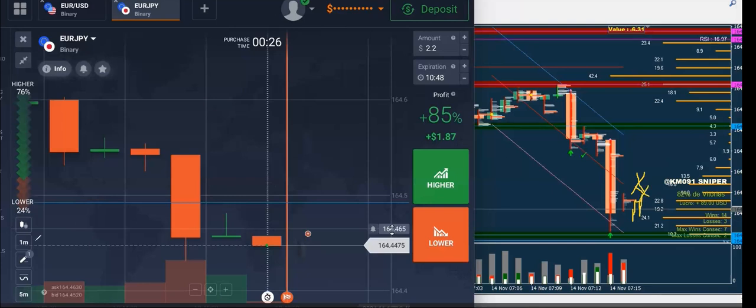The required condition is that first the market should roll back to place the sell trade. The market should roll back, then the trade should be placed somewhere here. Okay?